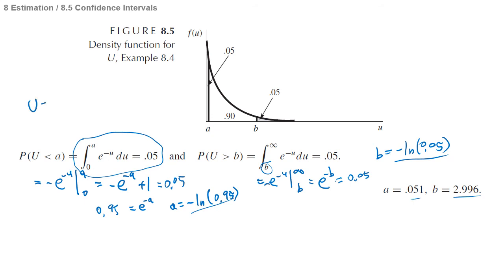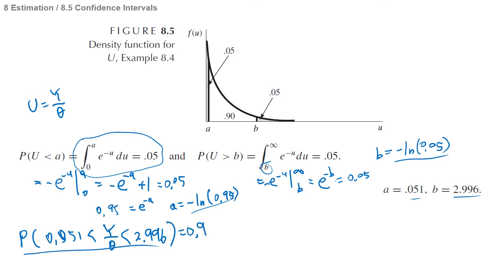Since u is y over theta, the probability that 0.051 is less than y over theta, which is less than 2.996, is 0.9.